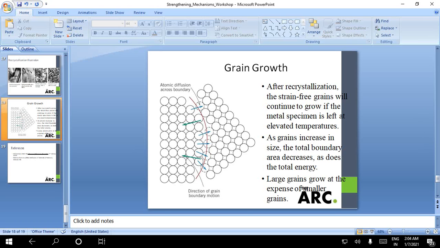Suppose you keep the metal or the component at the elevated temperature, the strain free grains will continuously grow. The material obtained through the recrystallization process is completely strain free, right? So that helps the continuous growth in the grain size.